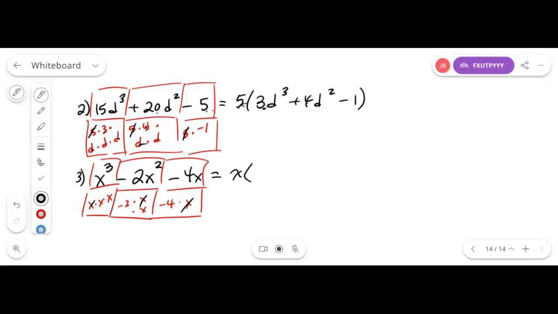It would be -2, but there's still an x in there because there were two x's. This second box has -2 and two x's being multiplied. And we're taking an x out of all three of the boxes. So I want to know what's the rest of the inside of the parentheses.